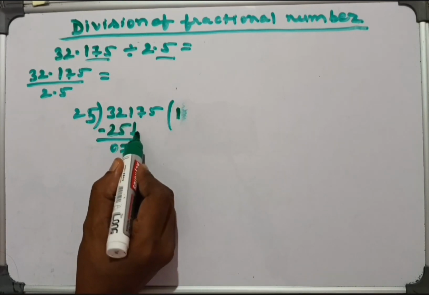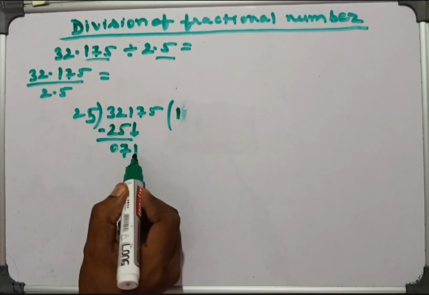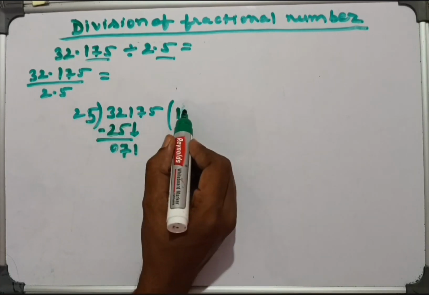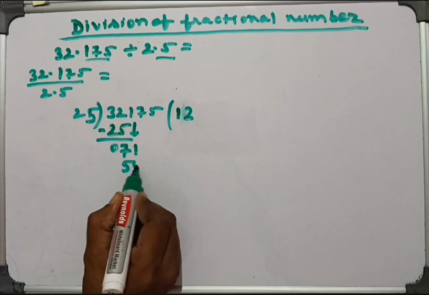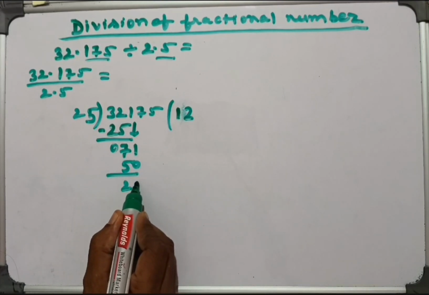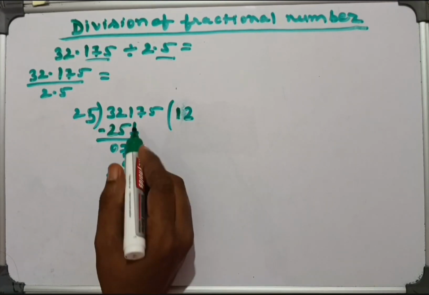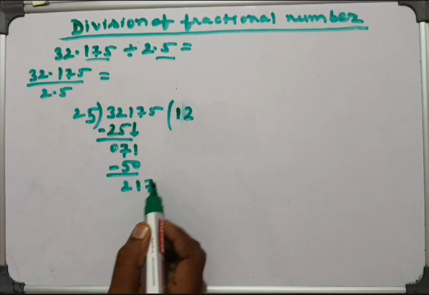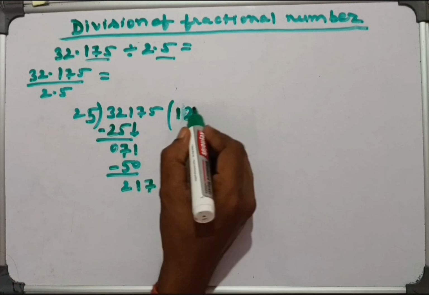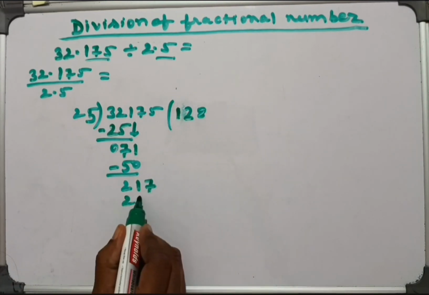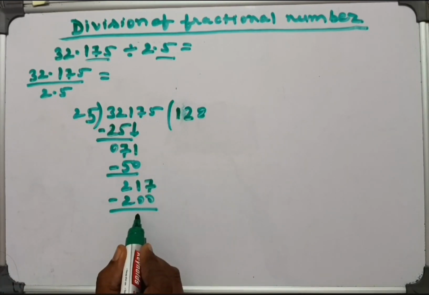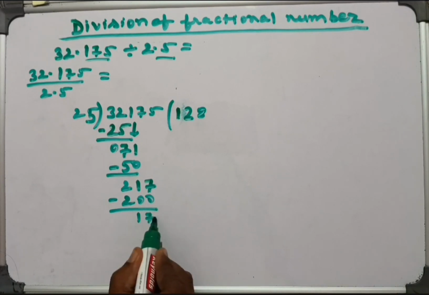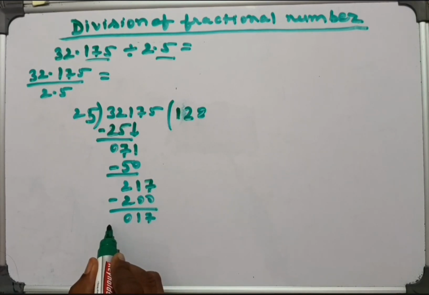Now 1 will come down here, then 25 times 2 is 50, then it is 21. Now next 7 will come down here. Then 25 times 8 is 200.